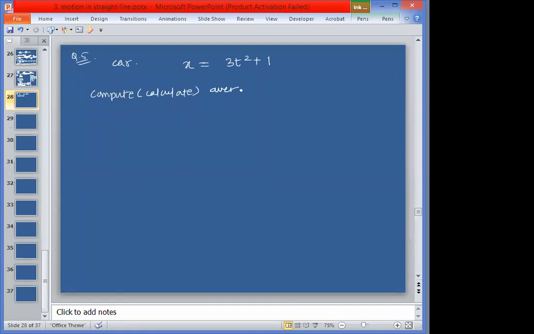Calculate average velocity. करा बाळांनो, solve करा. Average velocity करायचे. Displacement upon time करा, total displacement upon total time, find out initial position, find out final position, all those things.